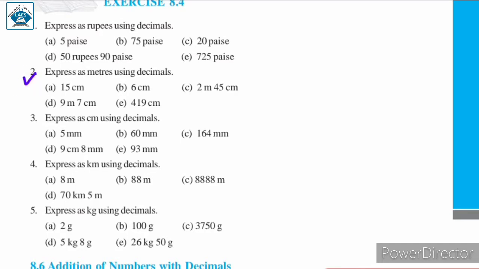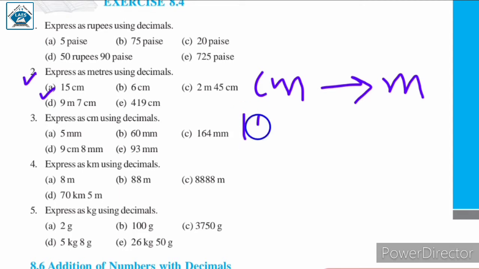Question number 2. Express as meters using decimals. A, 15 centimeter. So यहाँ पर हमें सेंटीमीटर में given है. We have to convert this, that is we have to express this in the form of meters. So this is length. For converting centimeters to meters, we need to divide the given values with 100. Because we know that 100 centimeter is equal to 1 meter.